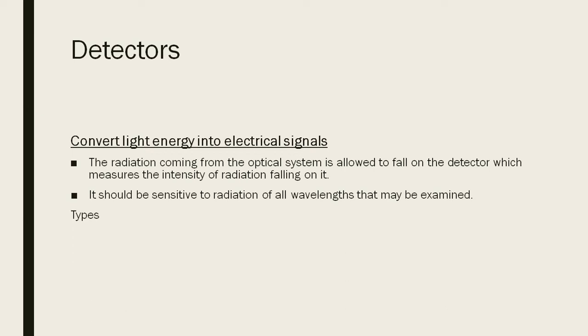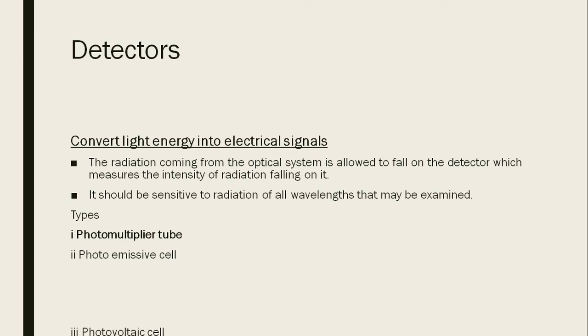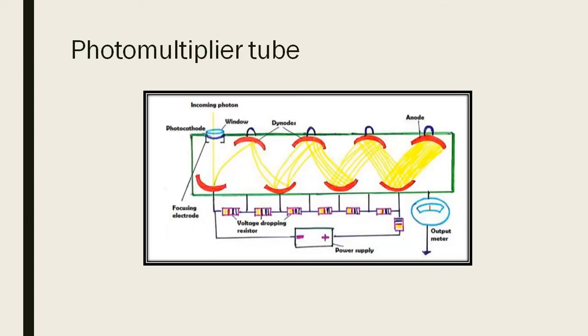Basically three types of detectors are used. First is photomultiplier tube, next is photoemissive cell, and photovoltaic cell. Of all these three detectors, the most widely used is the photomultiplier tube.